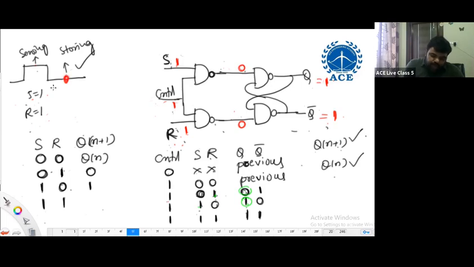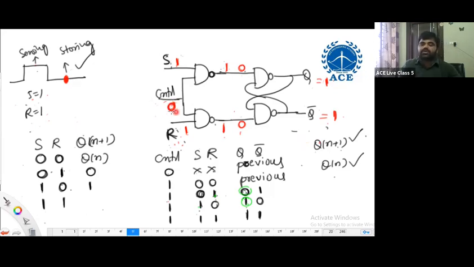What happened here? Control was at 1, SR 11 applied, we get 0, 0, and both Q and Q bar become 1, 1. That is nothing but sensing the inputs is complete. Now I need to observe what is stored. For that, I am making control equals 0.